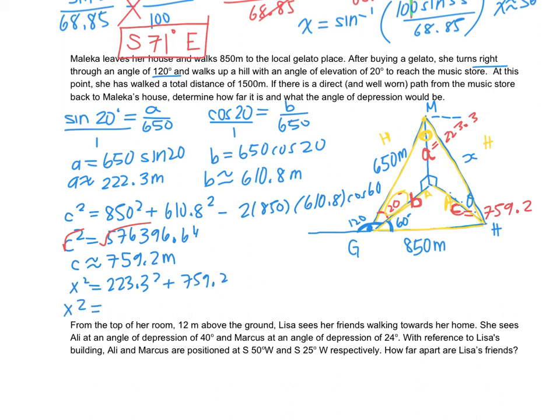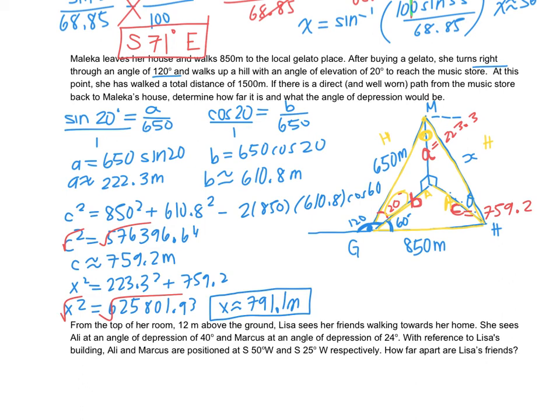And when we simplify that, we get 625,801.93. Square root both sides, just like in cosine law, so that we get X is approximately 791.1 meters. So that would be the distance from the music store to her house.